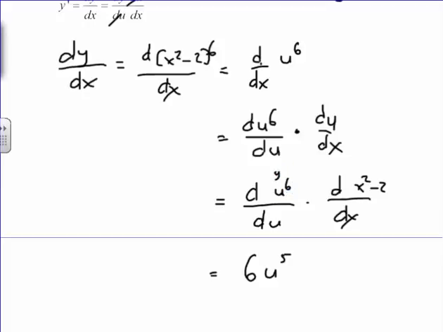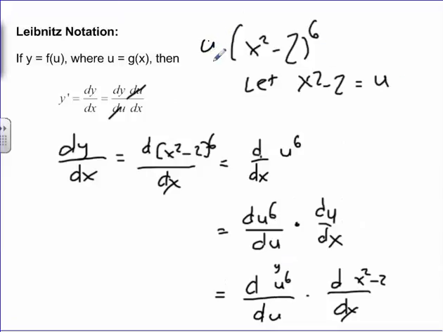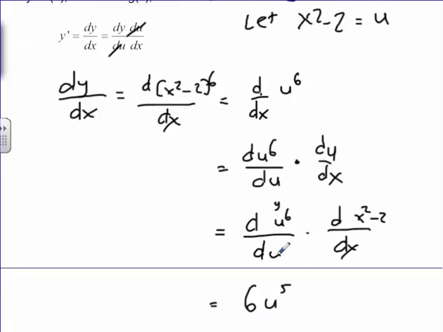Because really, think this through. y was x squared minus 2 to the power of 6, but I've changed the x squared minus 2 to be u, so that now y is really equal to u to the 6. So I changed out my y for u to the 6, but I derived it with respect to u, because u is now my variable. It gives me 6u to the 5.